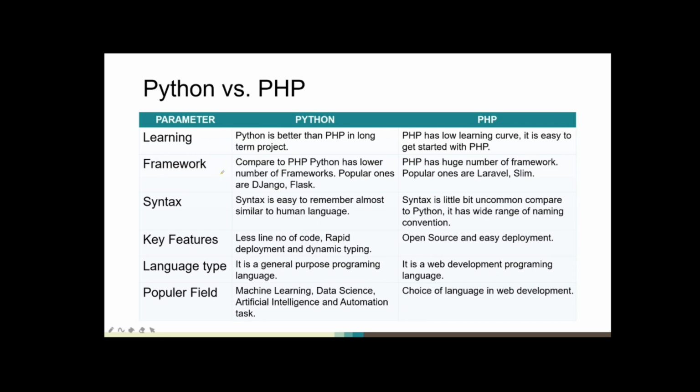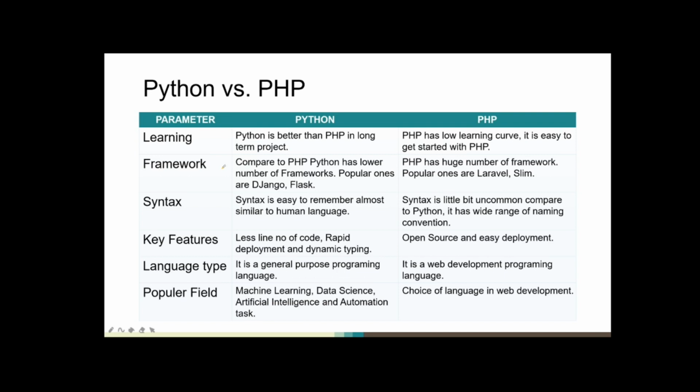So in terms of framework, Python compared to PHP has a lower number of frameworks. Usually the popular ones are Django and Flask, and for PHP, it has a huge number of frameworks. The popular ones are Laravel and Slim. Later you will also know what other frameworks support front-end development.